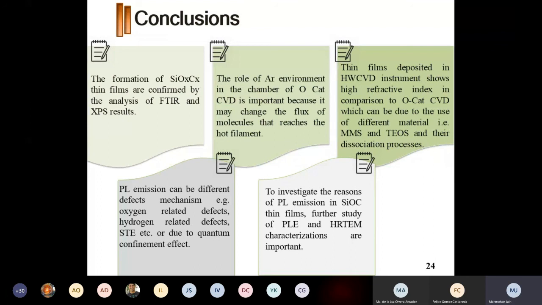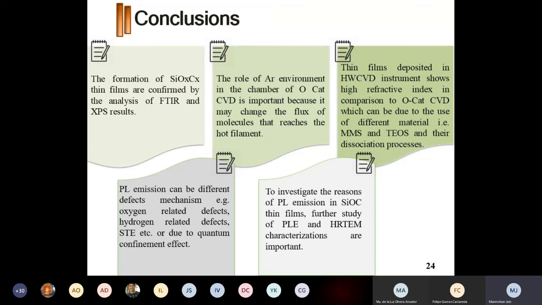This can be due to the use of different materials like MMS and TEOS and their dissociation processes. And the PL emission can be due to different defect mechanisms like oxygen-related defects, hydrogen-related defects, carbon-related defects, or STE, self-trapped emission. Or it can also be due to the quantum confinement effect, which we need to study in the future.